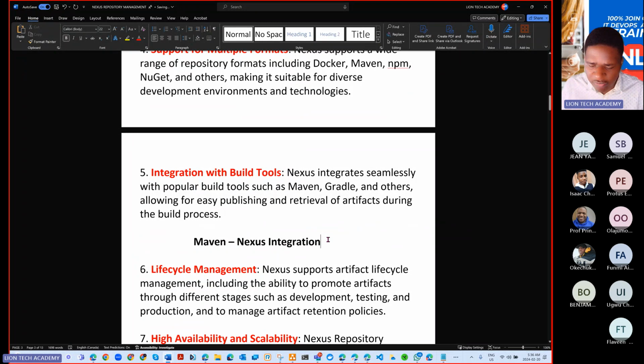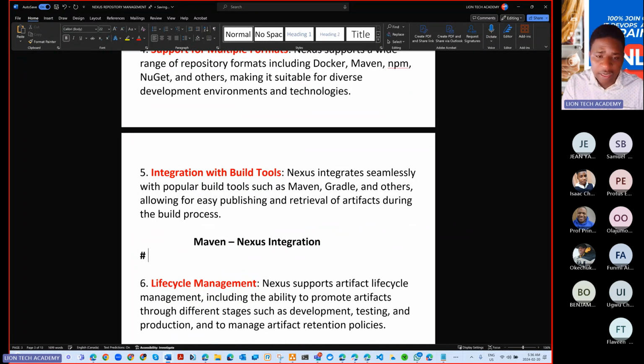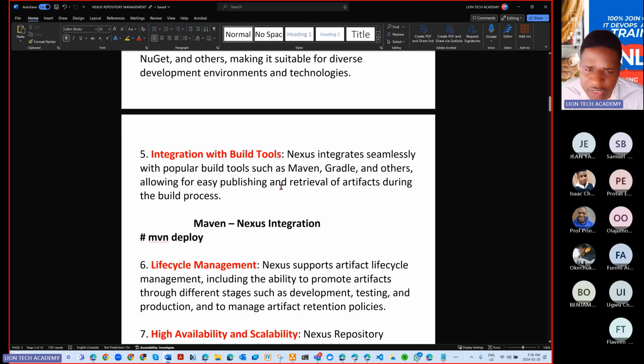Therefore, when we run the command mvn deploy, a deployment into Nexus is triggered. Nexus will integrate seamlessly with popular build tools such as Maven, Gradle, and others, allowing for easy publishing and retrieval of artifacts during the build process.